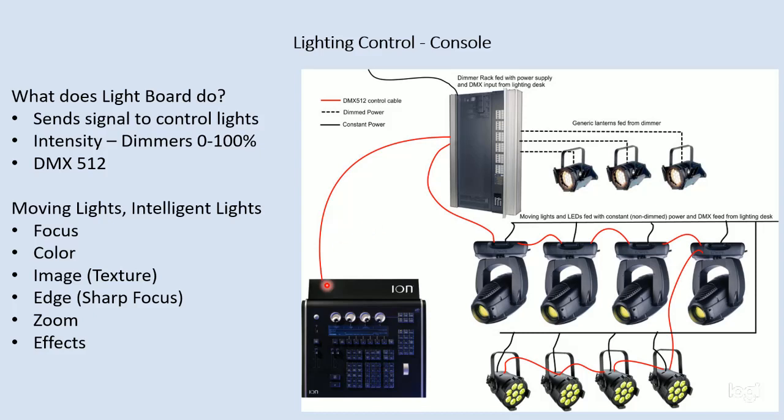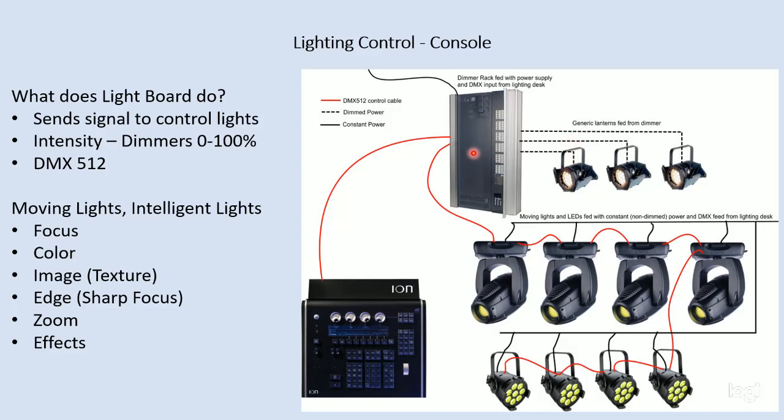The protocol that light boards speak is called DMX 512, and so we connect DMX, and it primarily goes to a dimmer rack, which is just a big box that distributes electricity out to individual lights. And so we can set the intensity of these individual lights, from 0, which would be out, to 100%, which is full. We just set the dimming of them.